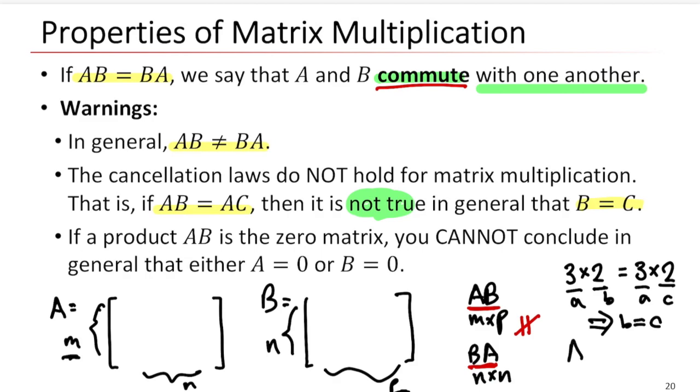But in the matrix domain, if AB equals AC, then generally B is not equal to C. There's a case when B is equal to C, but generally it's not true. So please be careful.